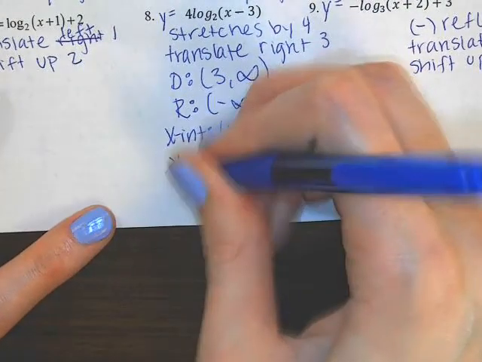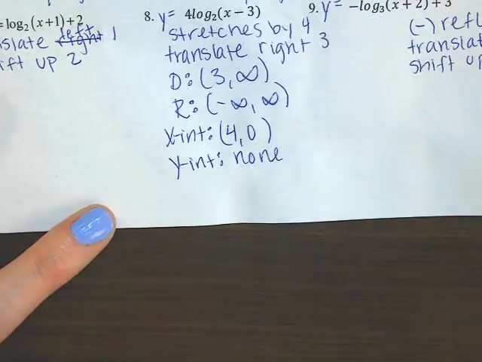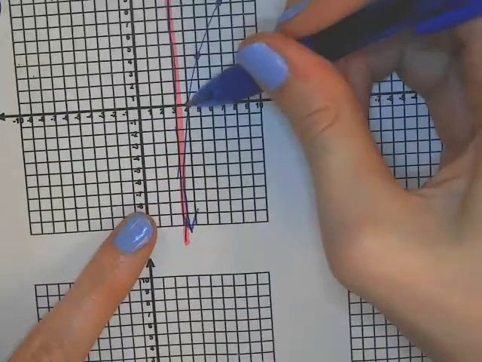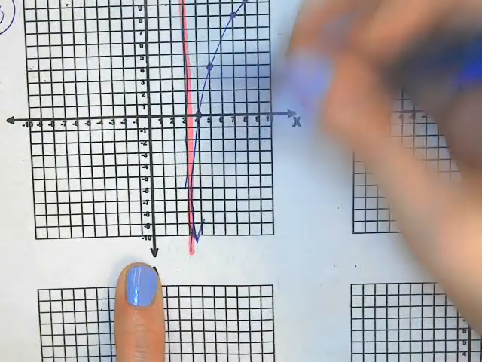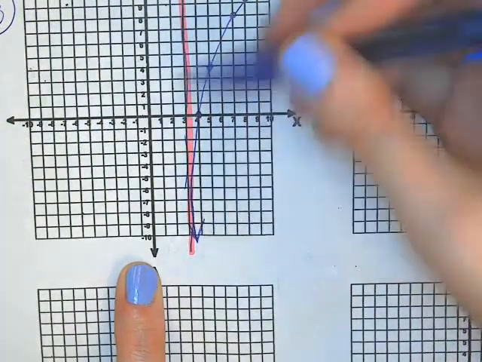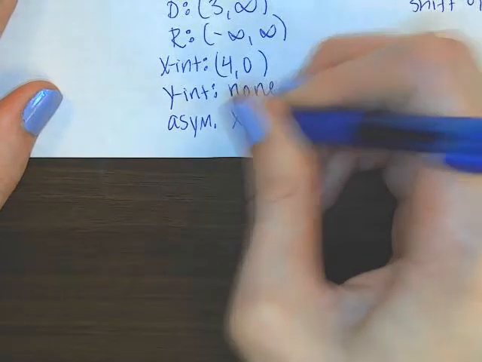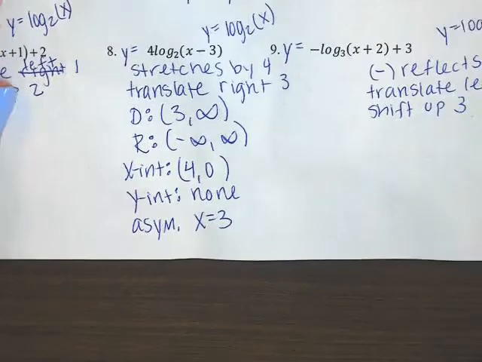Why was there no y-intercept? So the x-intercept took place right here at 4, 0, because that's where it's crossing. And it will never cross the y-axis because we have that asymptote that it won't even pass. So we don't have a y-intercept. Okay, last thing is, what was the asymptote for this? What was 3? All right, that's it.